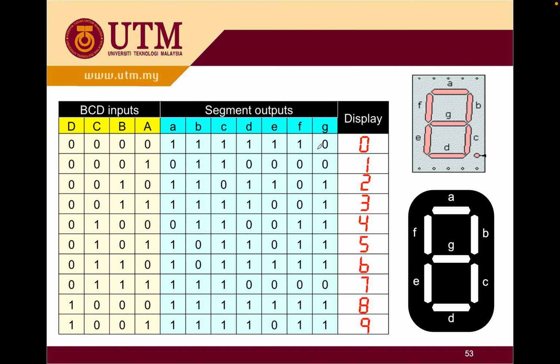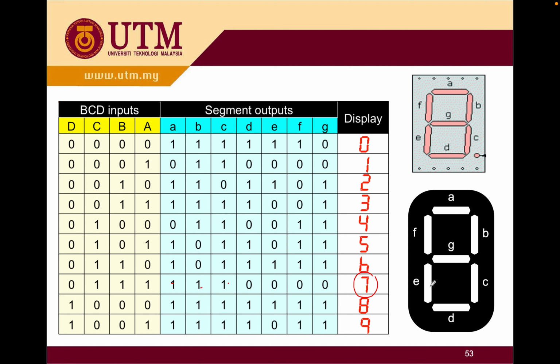If you want to display the 7 here, our A, B, and C should be turned on. So you can see here it will be 1 1 1 0 0 0 0 for the output, supposedly, because the rest will be 0. You don't want them to be turned on.